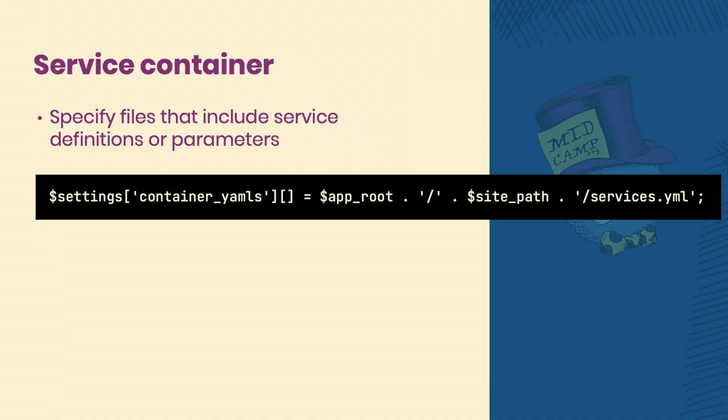So it's in settings.php that you specify files that include service definitions or parameters. This example from the default settings.php file shows that you say settings, container YAMLs, and then you add whatever services file you want to include. The default services file that would be included here does not include any new services.